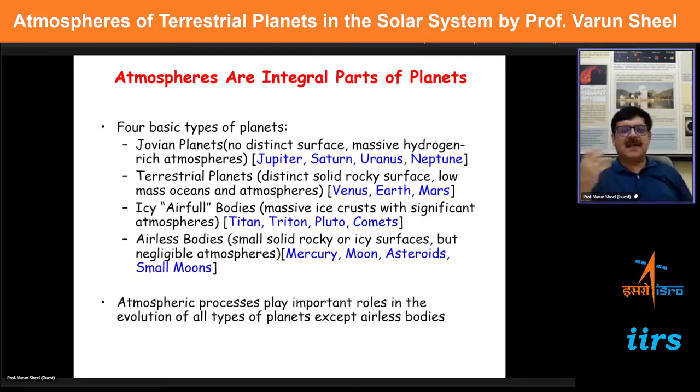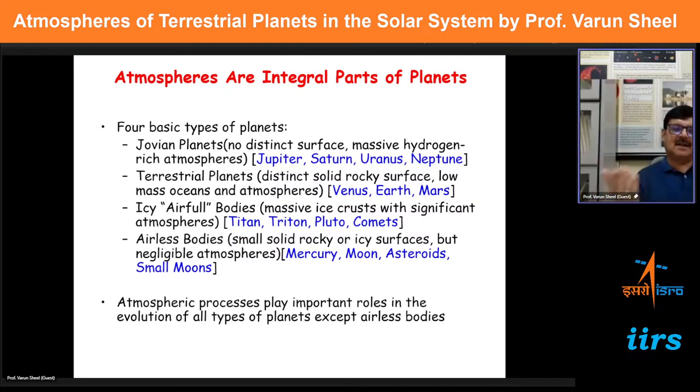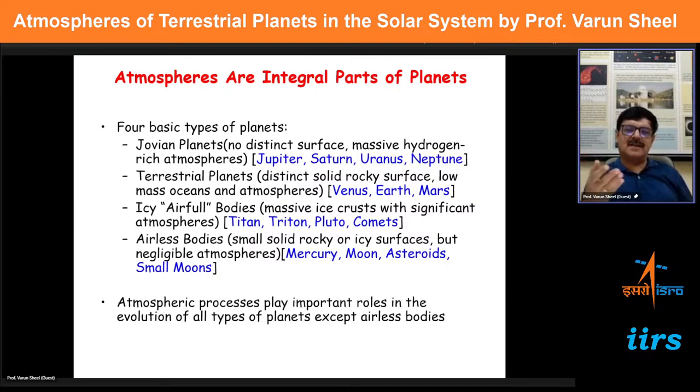We have the Jovian planets, which are the outer planets like Jupiter, Saturn, Uranus, and Neptune, and they have an atmosphere rich with hydrogen. And then you have the terrestrial planets, which have a rocky surface and a substantial atmosphere, which we will look into in this lecture.